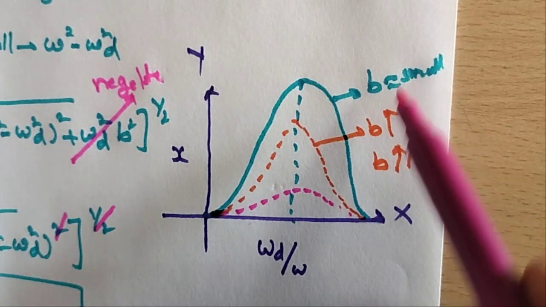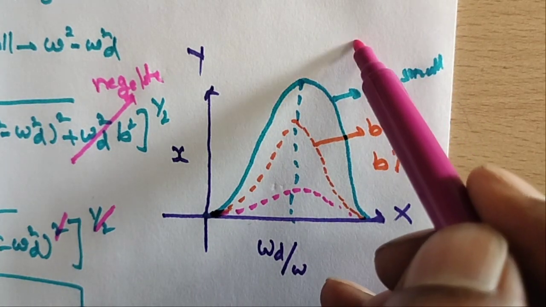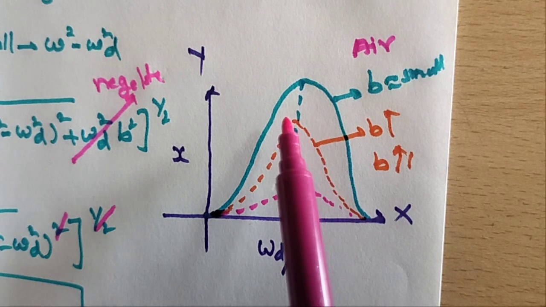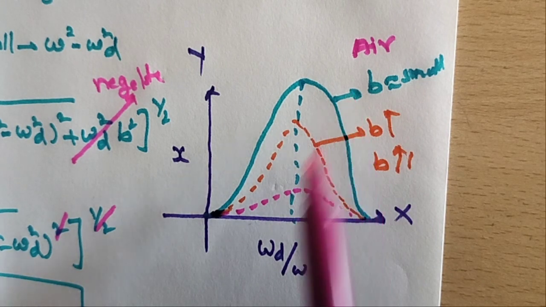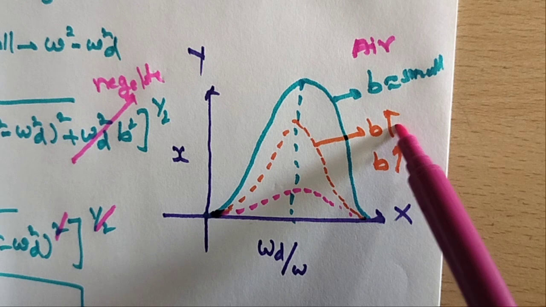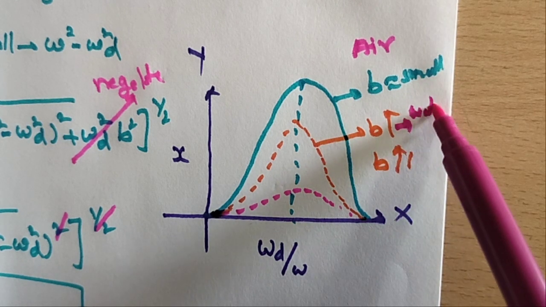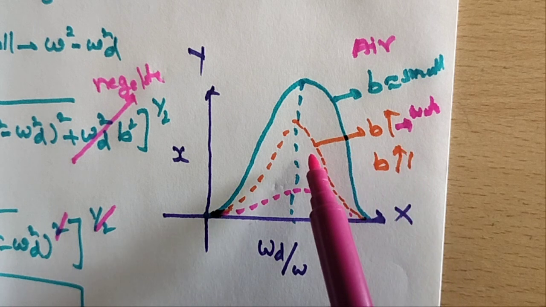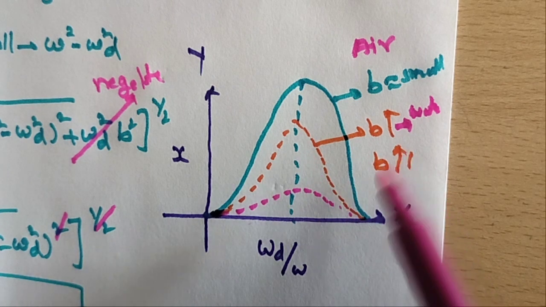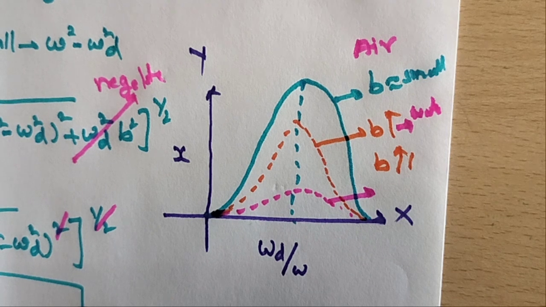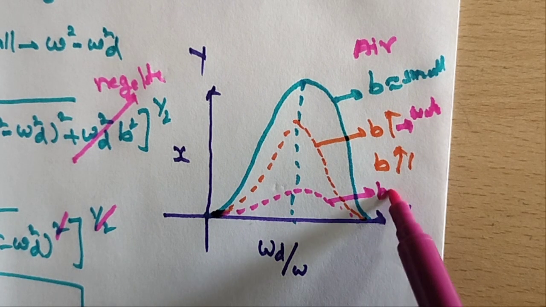In the first case, for example, a simple pendulum moving in air, the amplitude is maximum. Suppose the same simple pendulum is moving in water, the amplitude decreases very fast. Next, the simple pendulum is moving in another liquid, for example benzene.